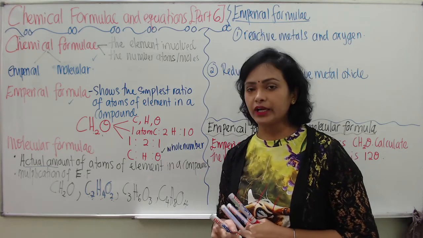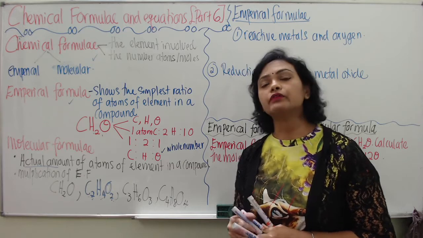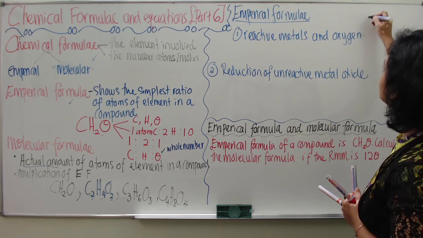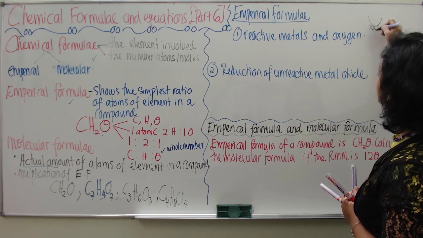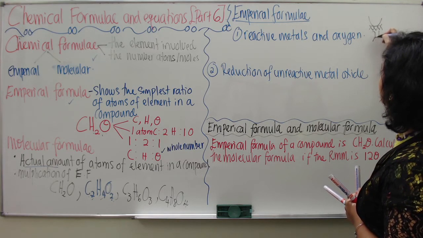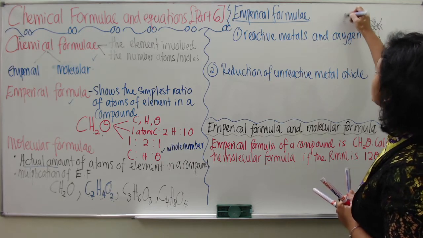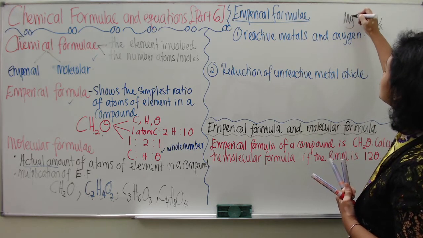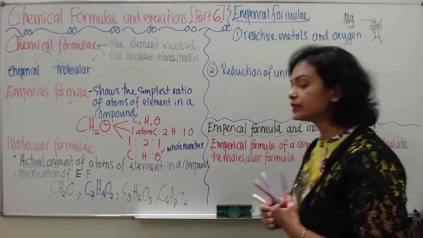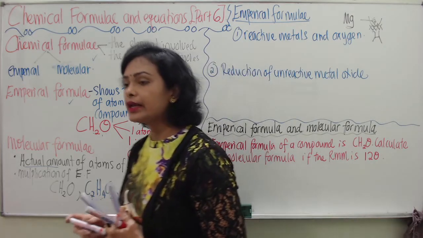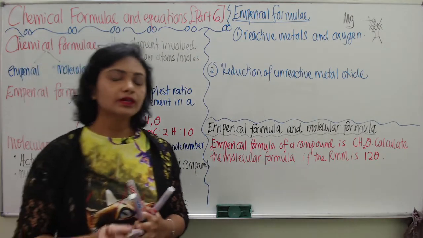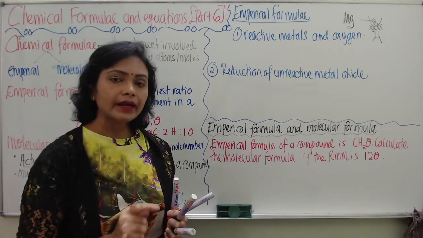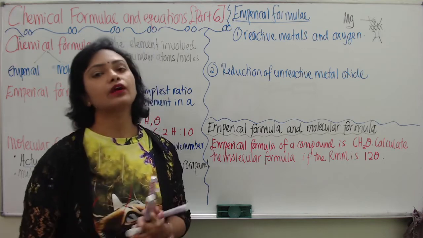If students check your textbook, you can find one way to determine the empirical formula is by using a crucible. Mainly you will be using magnesium, where magnesium is burnt in oxygen, and the mass of magnesium before and after burning in oxygen is calculated to determine the empirical formula.